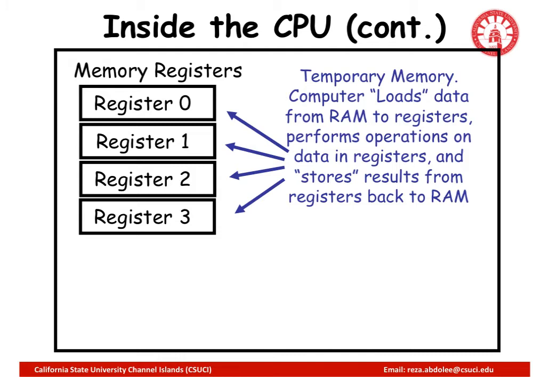So it fetches the instruction or data from the RAM, loads it to these registers, performs the operation on the data, stores the result back into the registers, and then sends the data from these registers to the RAM.